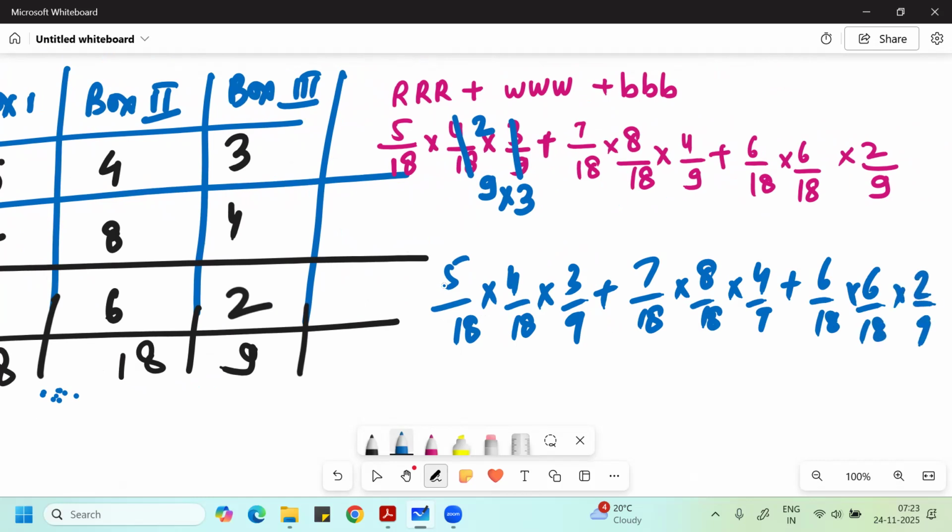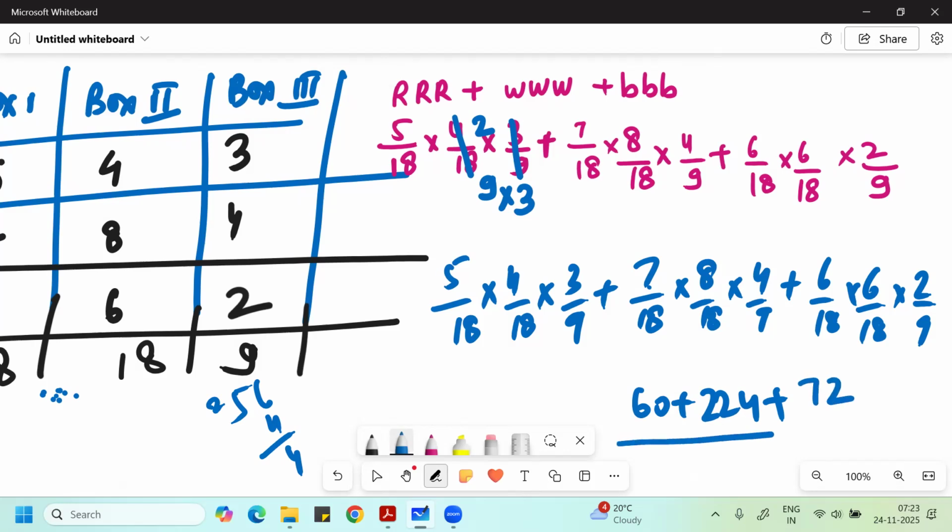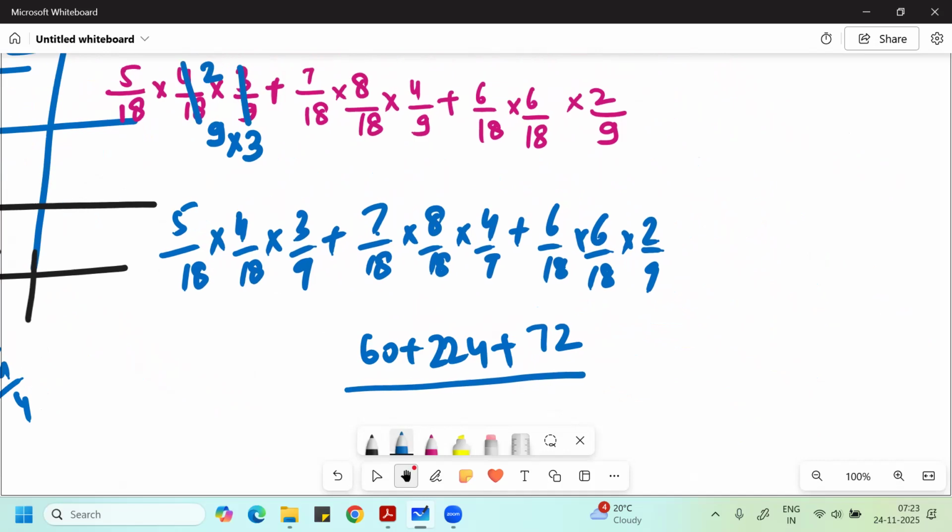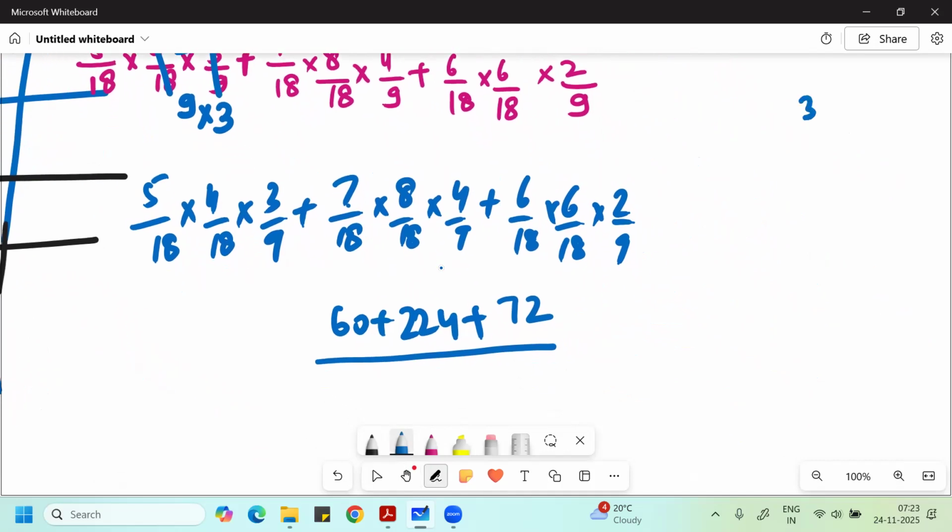Okay, 5 4s are 20, 20 3s are 60, then 7 8s are 56, 56 4s are 224, 6 6s are 36, 36 2s are 72, whole divided by the denominator. The denominator is 18 into 18 into 9. 18 into 18 is 324, into 9 is 2916.